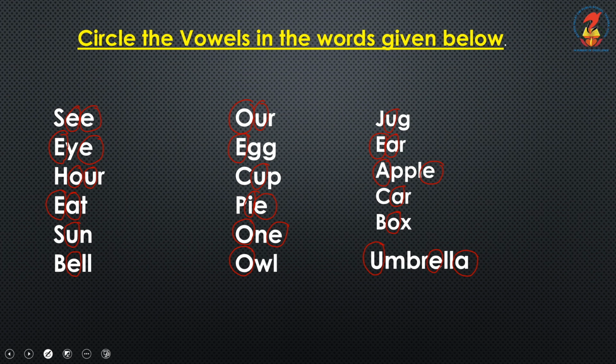S-U-N, sun, U is the vowel letter. Bell, B-E-L-L, E is the vowel letter. Then O-U-R, O and U. Egg, E is the vowel letter. Cup, C-U-P, U. And pie, P-I-E, which are the vowels? I and E. One, O and E are the vowel letters.